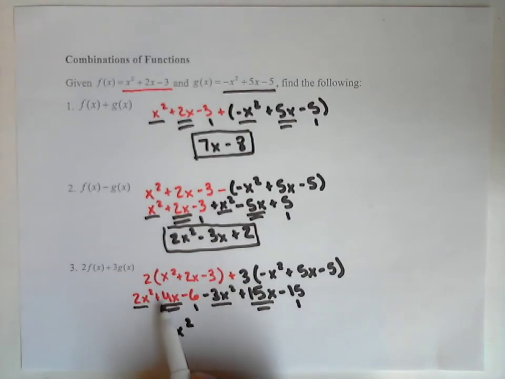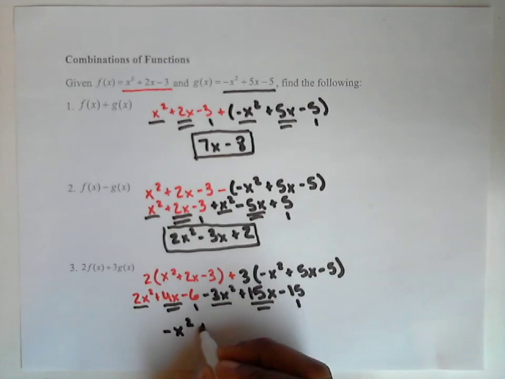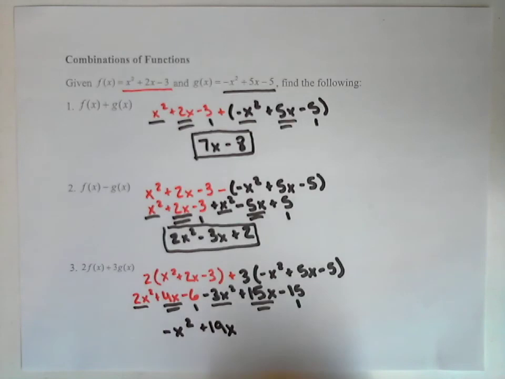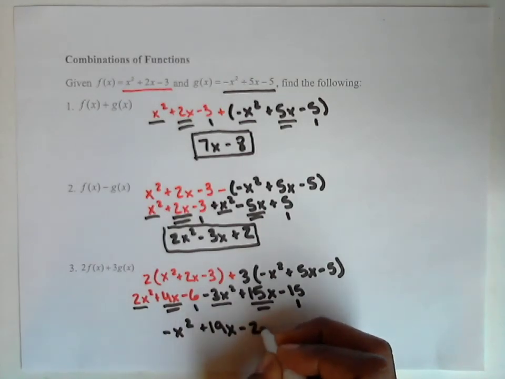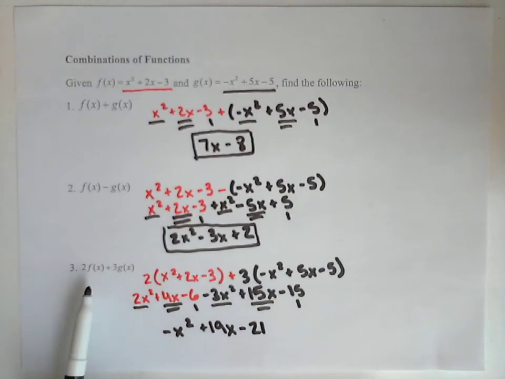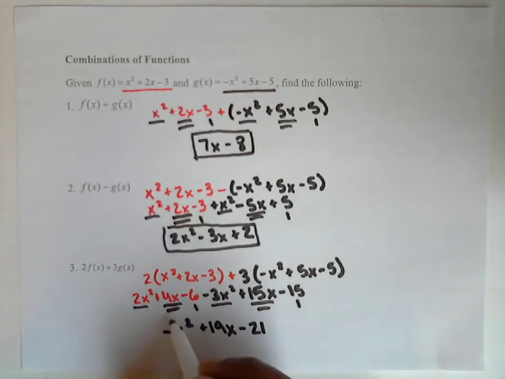I've got a positive 4x and a plus 15x, so I'm going to get plus 19x. And then I've got a negative 6 and a negative 15 for my constants, so I'm going to have a minus 21. So 2 times f of x plus 3 times g of x is negative x squared plus 19x minus 21.